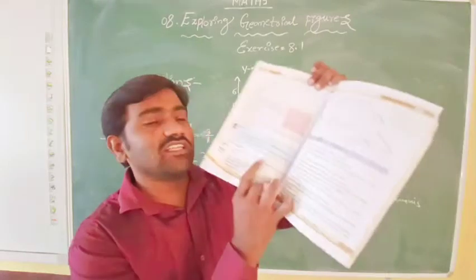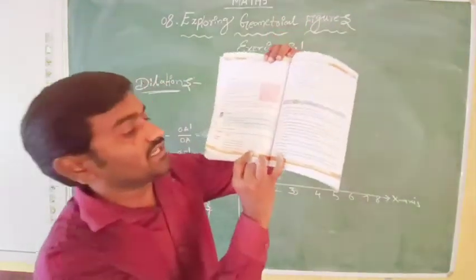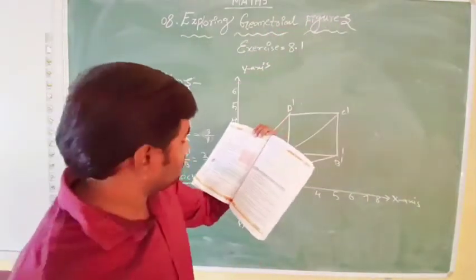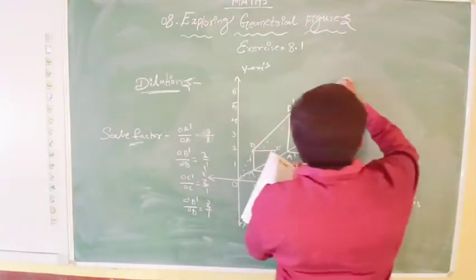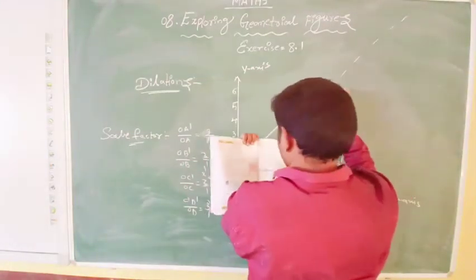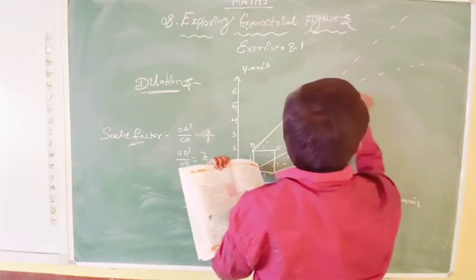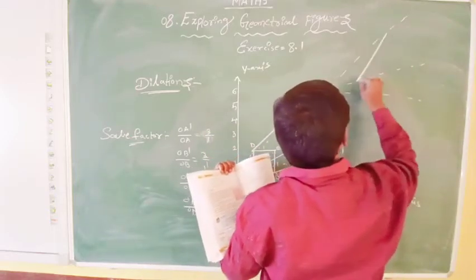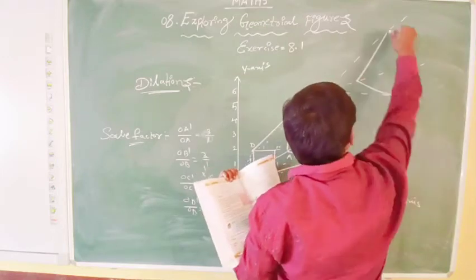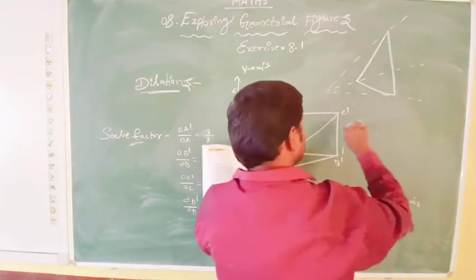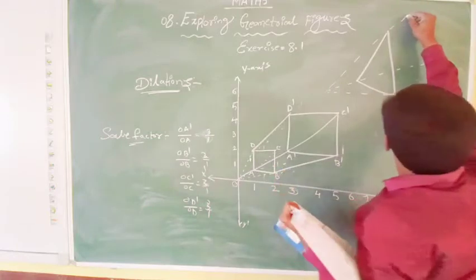Here the construction of dilations is given. How to construct the dilations? See, how to construct the dilation. Suppose I have drawn a triangle here. I would like to construct the dilation of this.